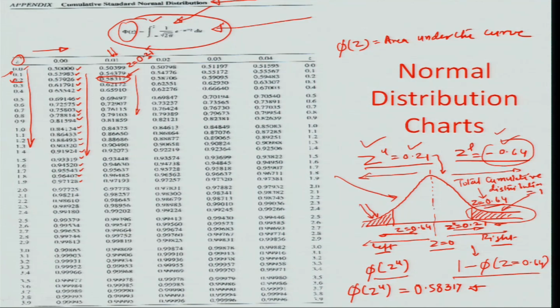The other value corresponds to 0.64. This is the first place of decimal, 0.6, and we read the fourth column corresponding to 0.04.